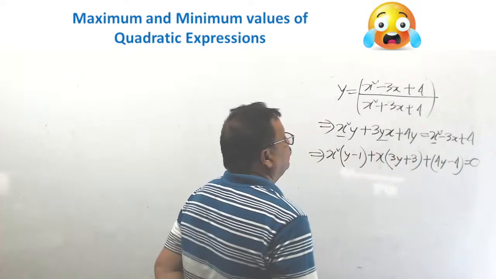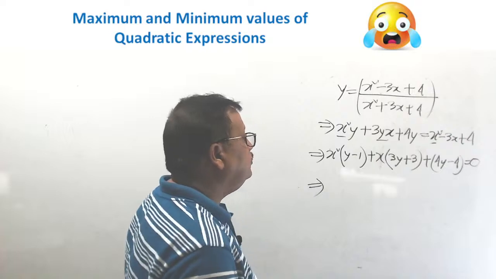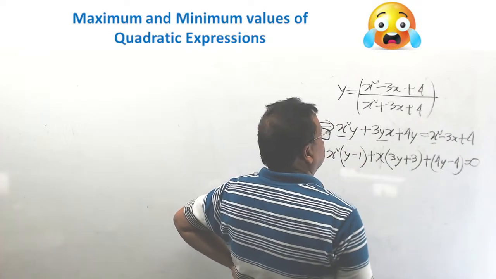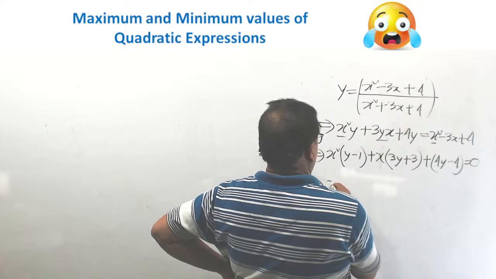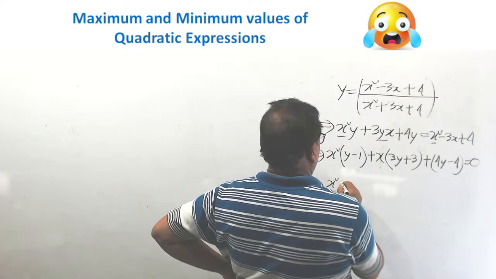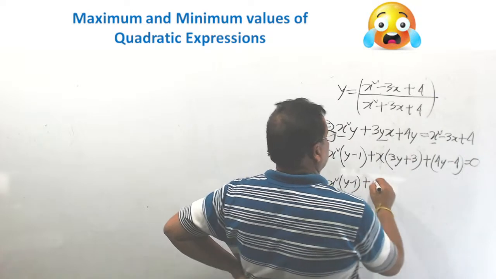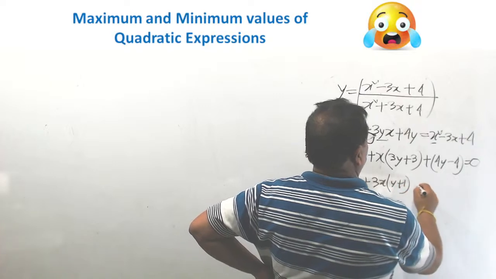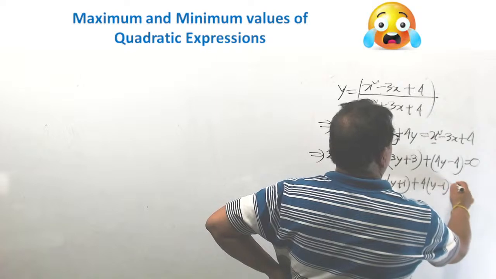Then plus 4y minus 4 equals 0. Understood? This implies x square into y minus 1 plus 3x into y plus 1 plus 4 into y minus 1 is equal to 0.